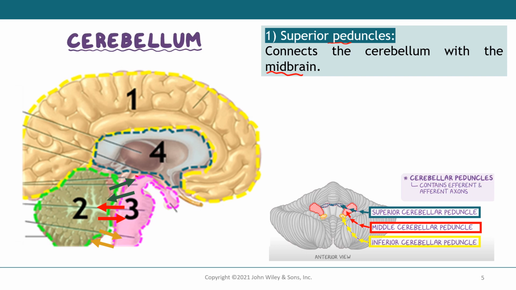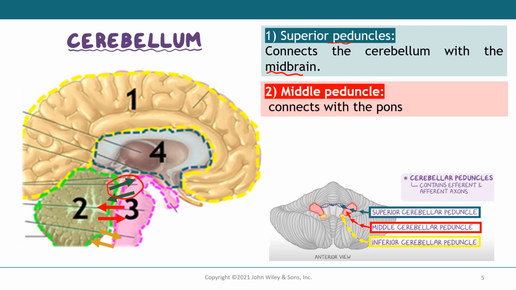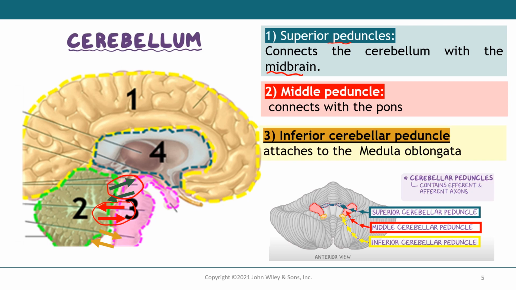Here you can see that it's interacting with the midbrain. The middle peduncles will interact with the pons, and the inferior peduncle will interact with the inferior part of the brainstem, with this area, that will be the medulla oblongata.